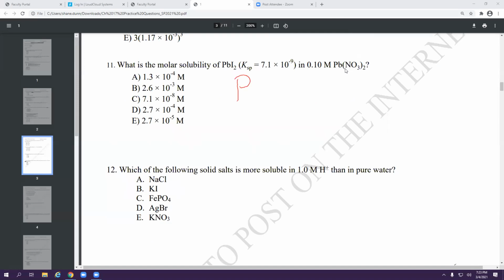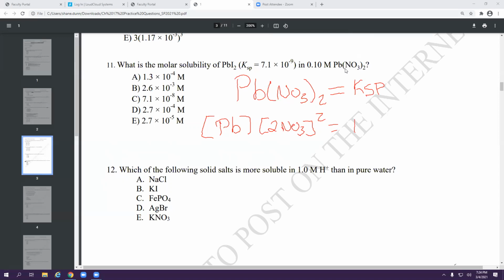So we have Pb(NO3)2, right? That's going to equal Ksp. So let's break this guy up. We have the concentration of Pb, the concentration of 2NO3 squared. So you'll get 4x to the third.